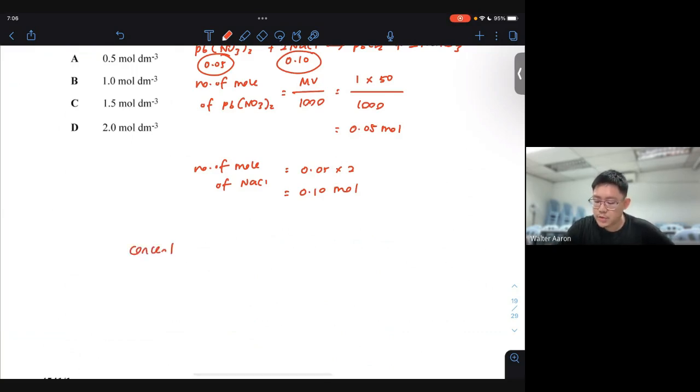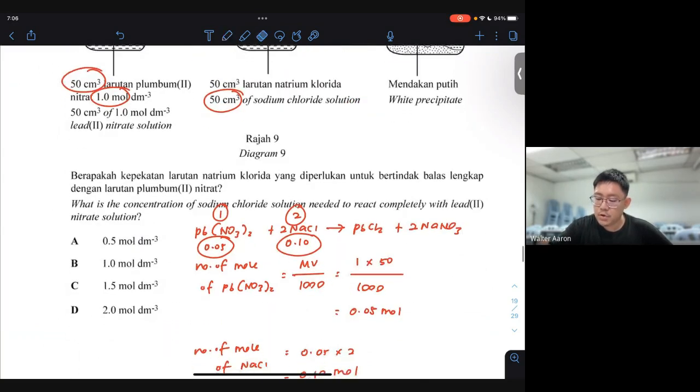All right, concentration or molarity is equivalent to number of mole divided by volume, but the volume must be in decimeter cube. So right now what we have is volume at cm cube. So you just take 50 divided by 1000. So that would be 0.05 decimeter cube of sodium chloride solution.